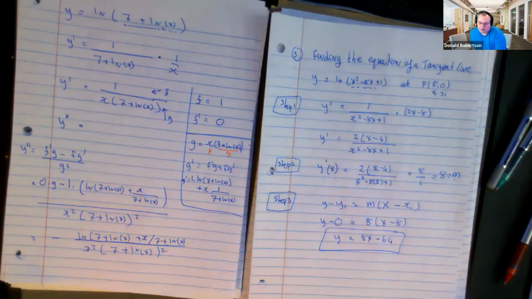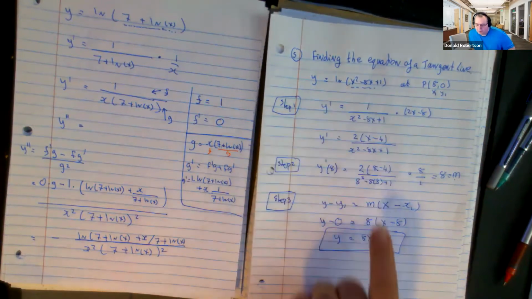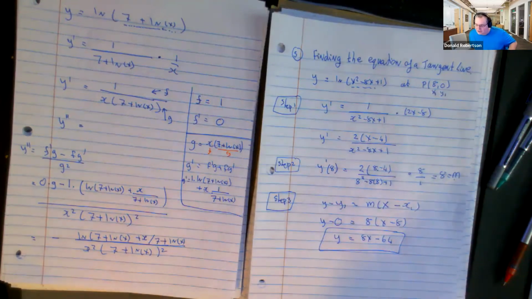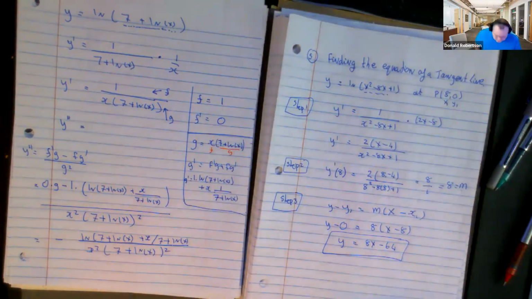Now, if we had time, wouldn't I plug that into Desmos? And wouldn't this straight line touch the curve at 8, 0, like a tangent line, right? That would be a way to check it. So equations of tangent lines are pretty straightforward.